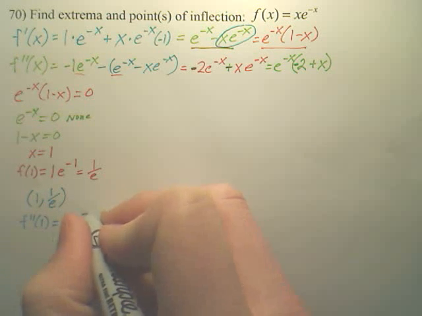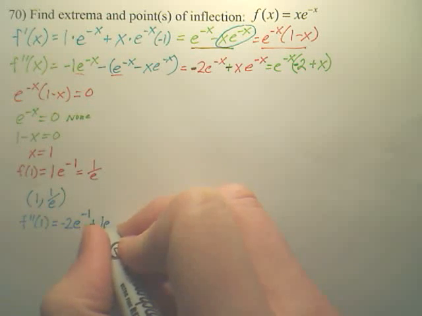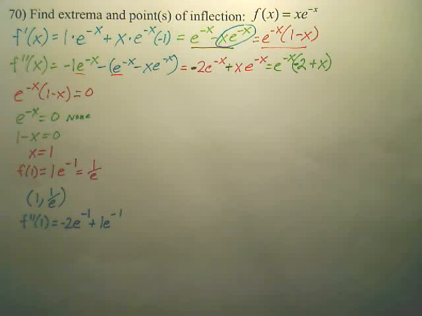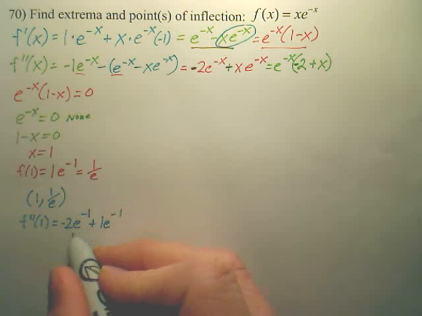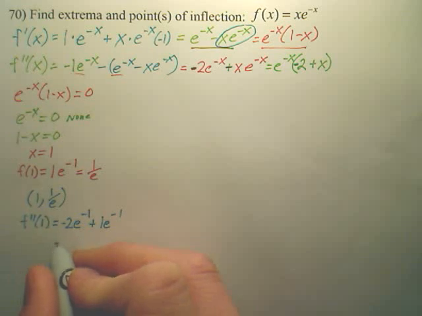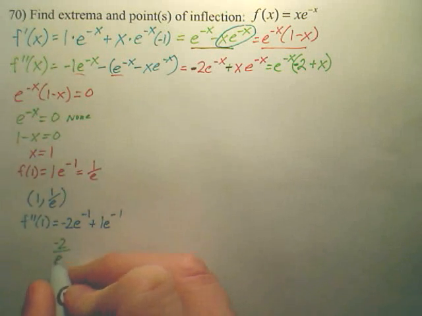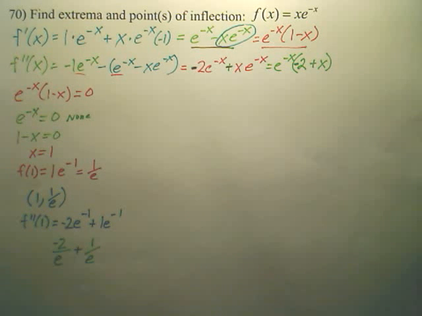When I plug that in, we got a negative 2 e to the negative first plus 1 e to the negative first. And when you do that, all you care is if it's positive or negative. Well, isn't this going to be a fraction of some sort? So you've got negative 2 over e plus 1 over e.